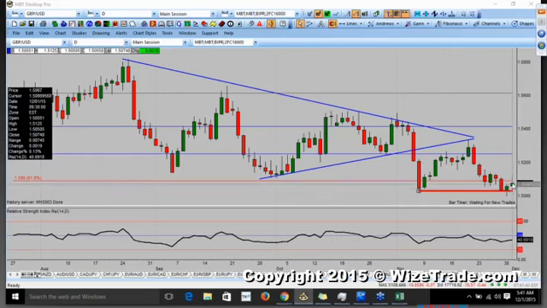But if you're looking at it right now saying, well, it's going to go higher at some point today because of that candle from yesterday, it already did.